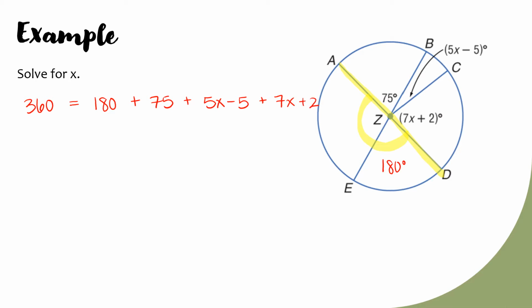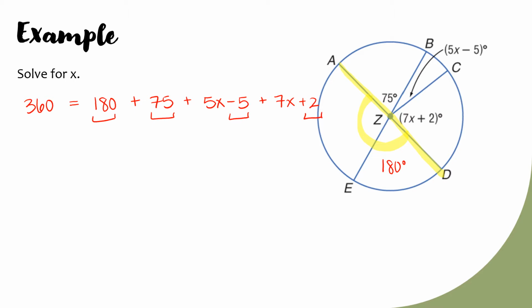Okay. So I might go ahead and combine my like terms. We've got 180, 75, negative 5, 2. I know I'm ultimately trying to solve for x, so I'm really just going to go ahead and subtract all of that from both sides of my equation.